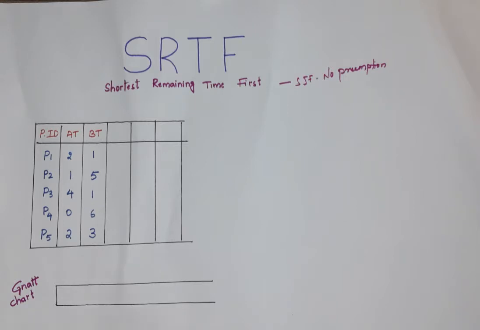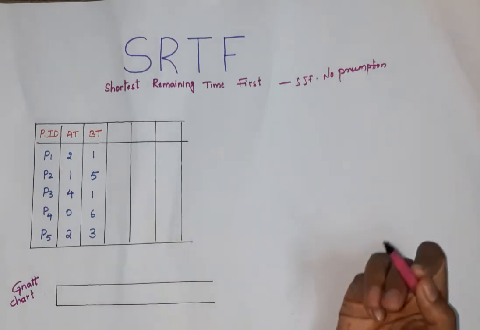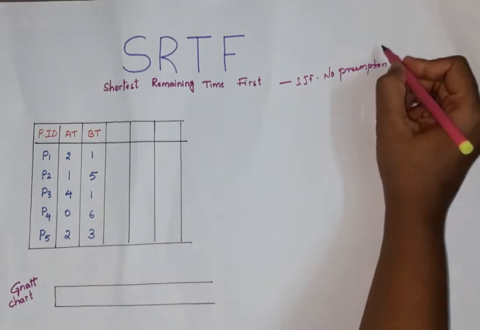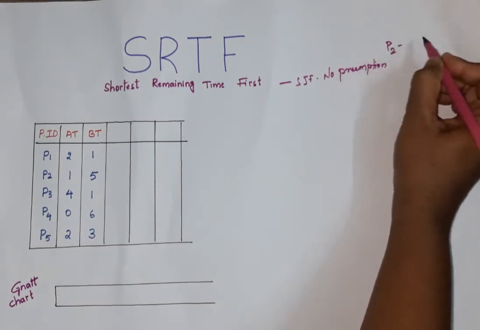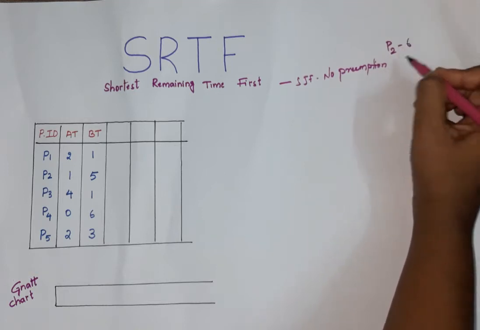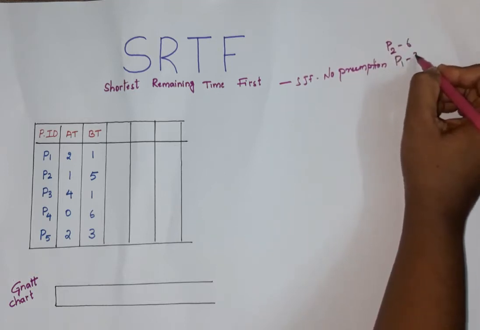if any process comes with the shortest burst time, shortest execution time, then at that moment the running process will be preempted. Let us think some process P2 is executing. P2's burst time is 6 and P1's burst time is 3.